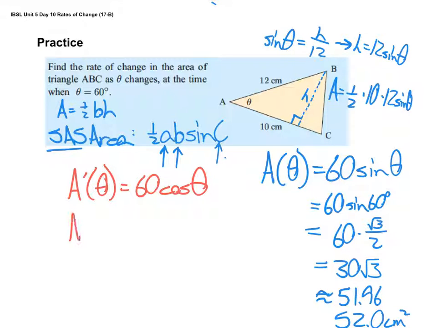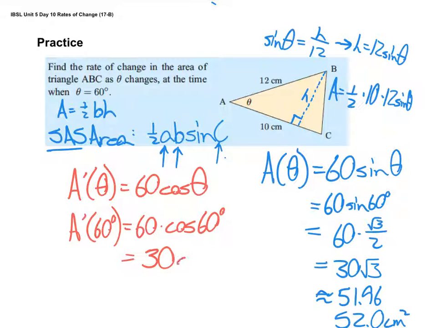So what's A prime of 60? It's 60 cosine 60. What's cosine of 60? A half. So 60 times 1/2 is 30.